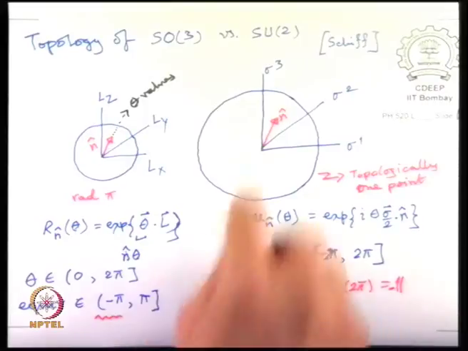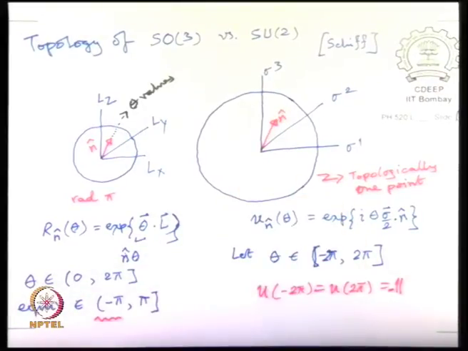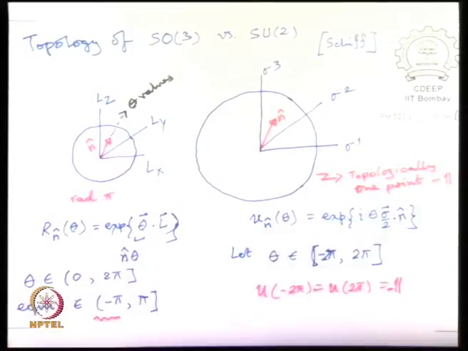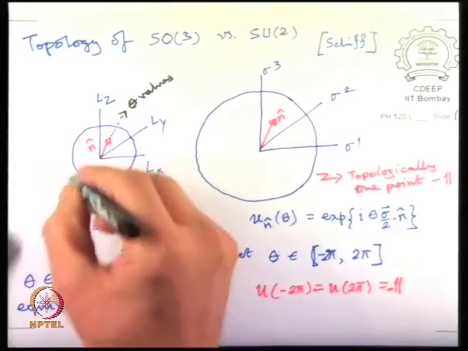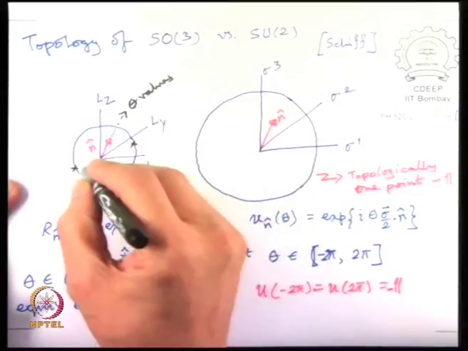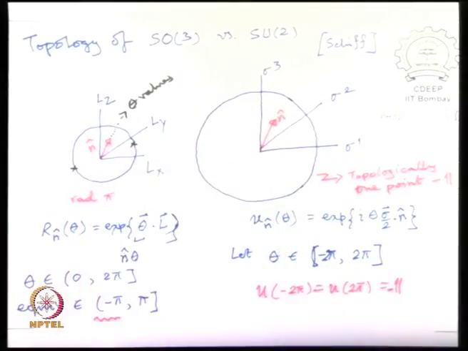Identity is at the origin, and this is topologically the same point, minus the identity. On the SO3 space, the antipodal points will be corresponding points, and you have to leave out one of them.